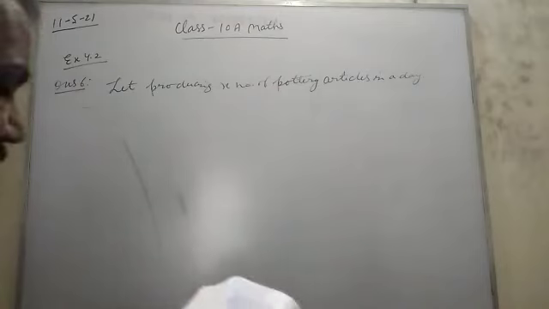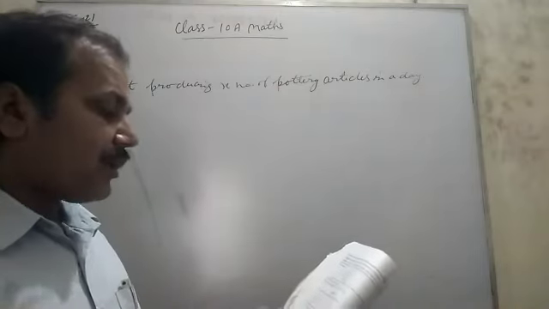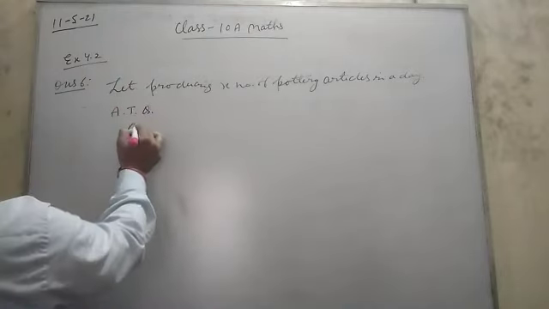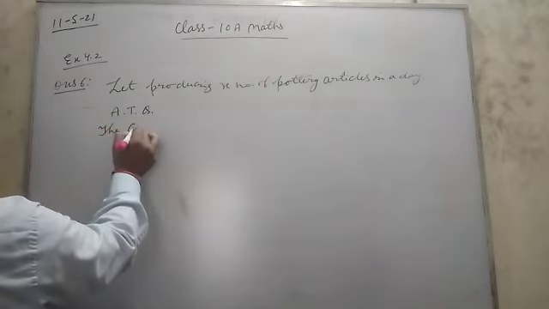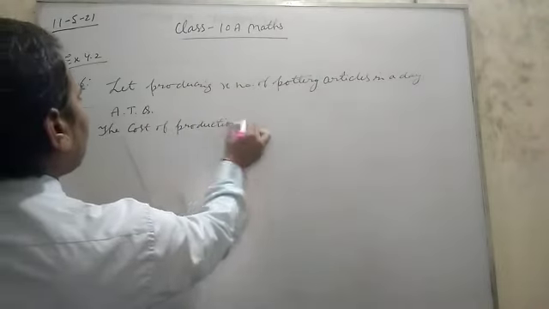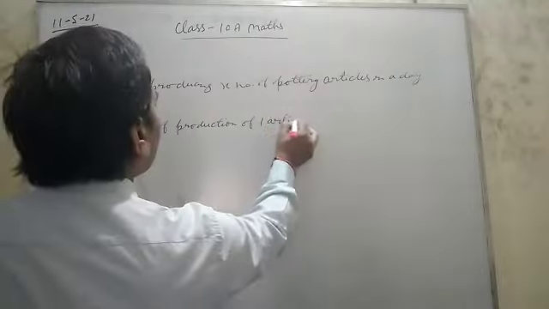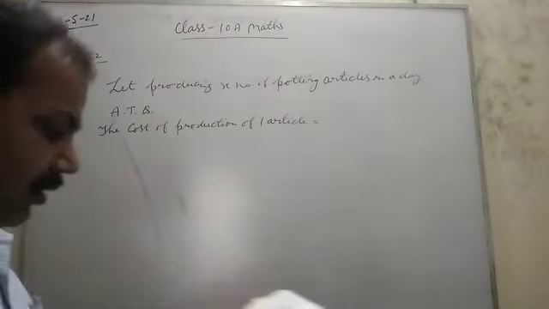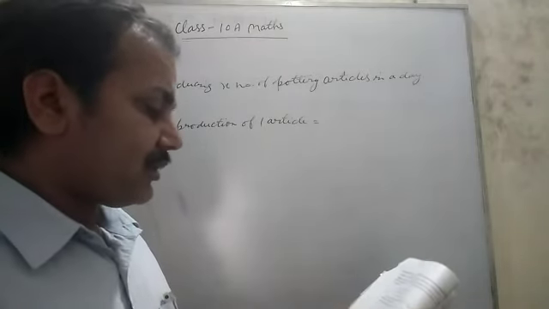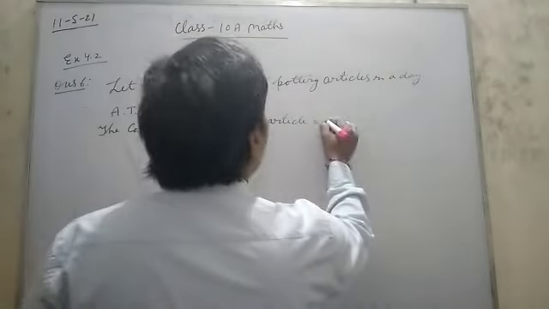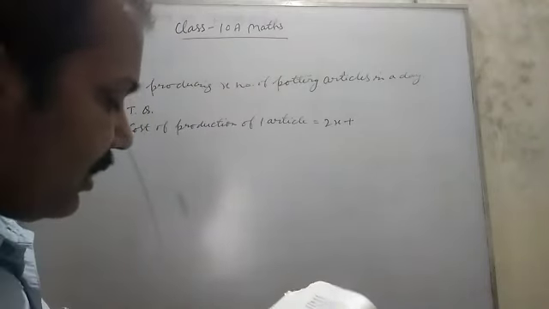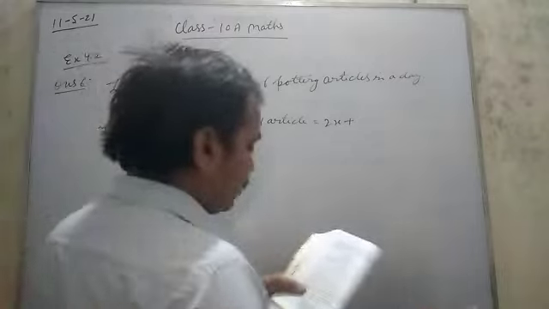It was observed on a particular day that the cost of production of each article... So according to the question, the cost of production of one article was 3 more than twice the number of articles produced on that day.